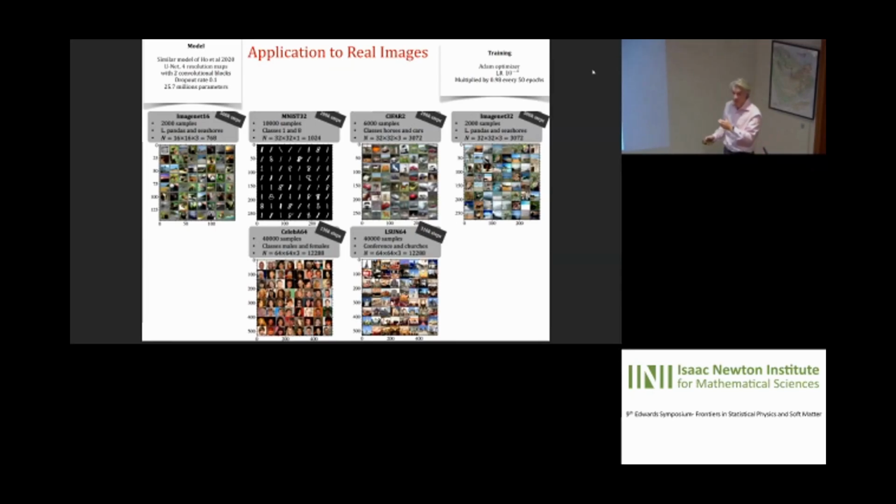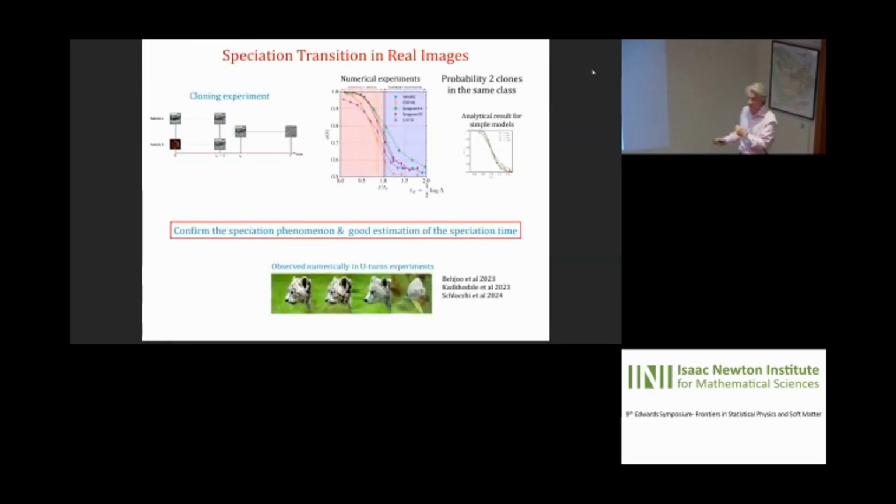And then we are going to test exactly what I told you before. First test: is there this transition that we call speciation transition along the backward dynamics? In order to study it, what we are going to do is the following. We do the backward dynamics, we have the trajectory, and at a certain time of the backward dynamics, we clone the trajectory.